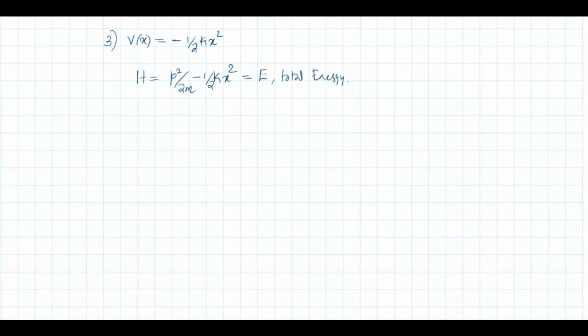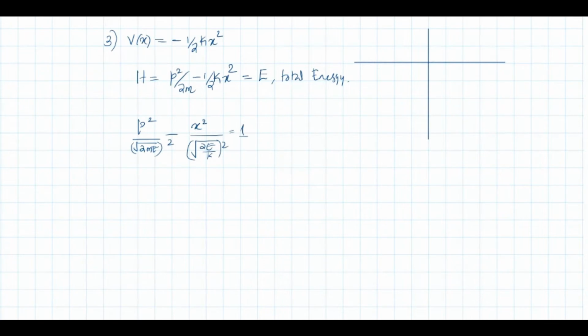Or we can write it as p divided by root 2mE the whole square minus x divided by root 2E by k the whole square equal to 1. So it is a hyperbola.